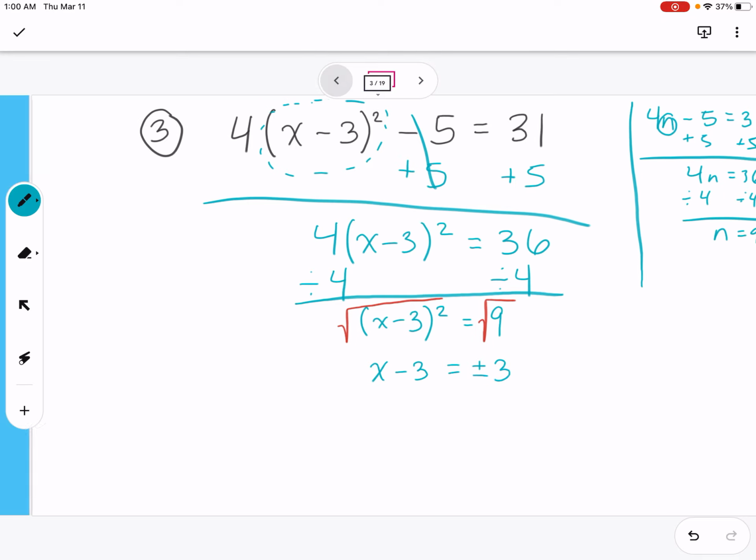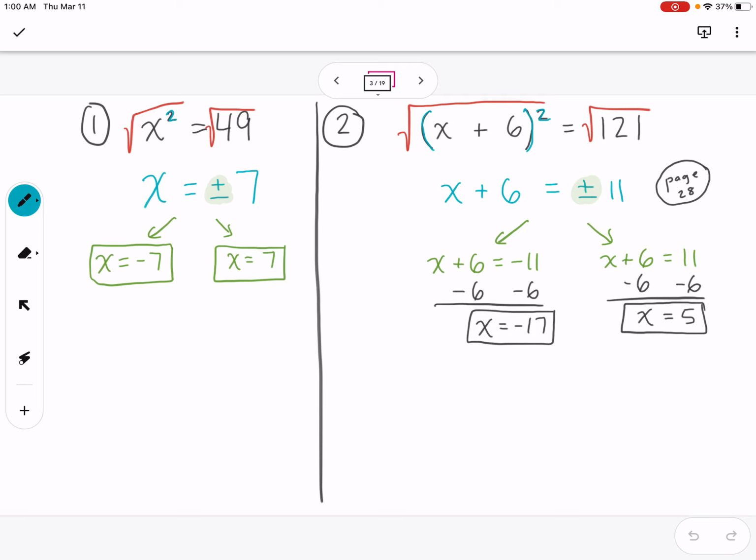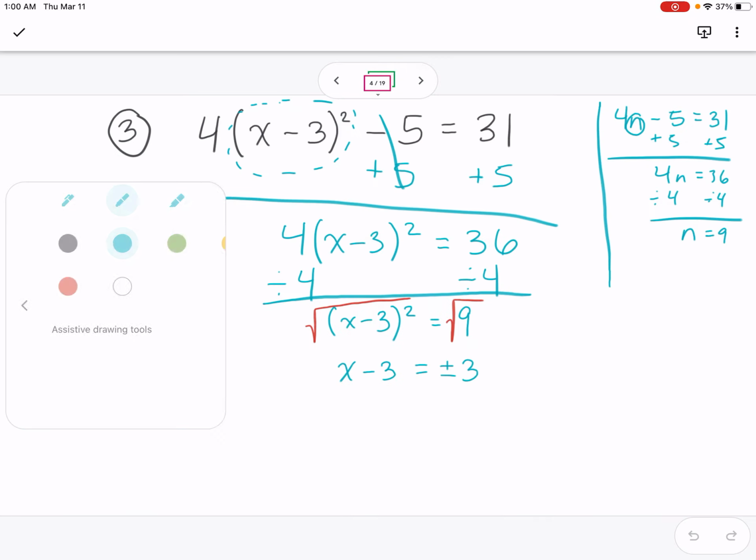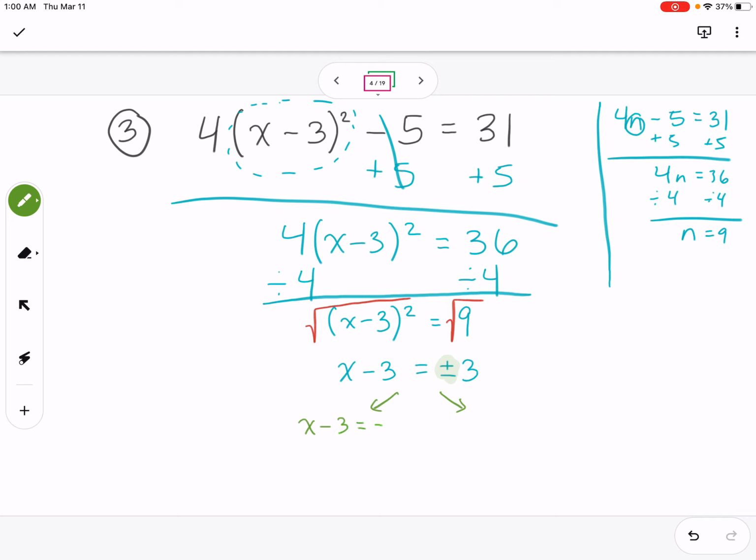Notice it's that same plus or minus sign that I had in all my previous problems. And this is where I get 2 equations: x minus 3 could equal negative 3, or x minus 3 could equal positive 3.